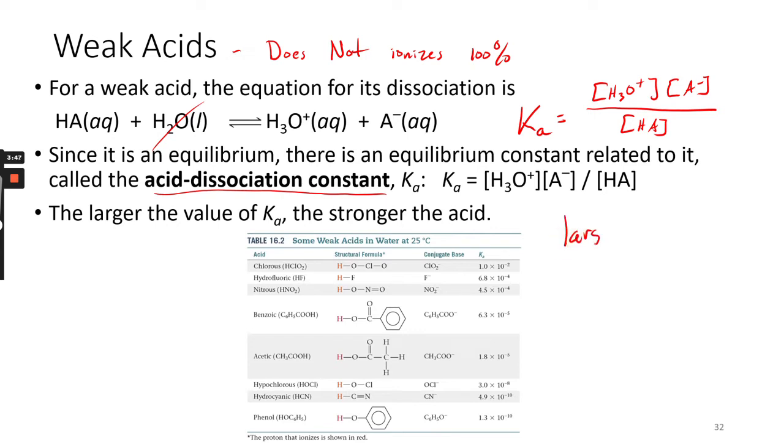The larger your Ka, the stronger your acid. Think about it: the more of your acid that ionizes, the more you go forward and make more products, so the top will be larger, and you have a larger value of Ka.